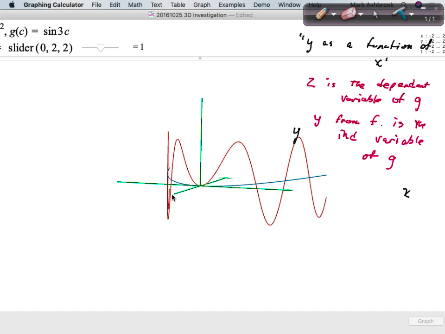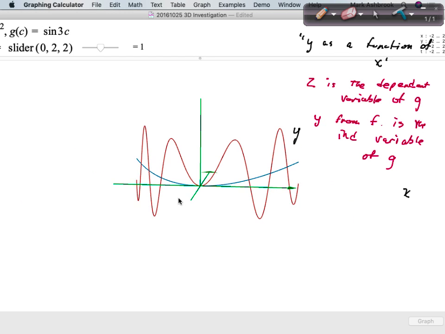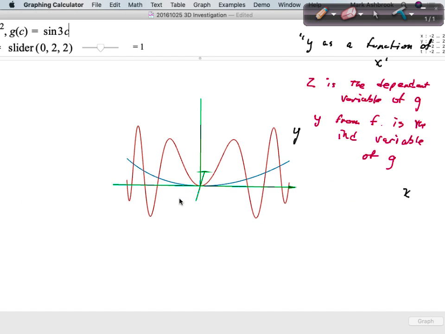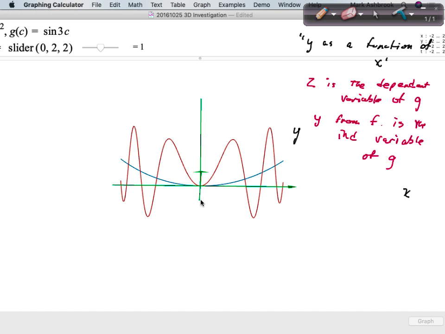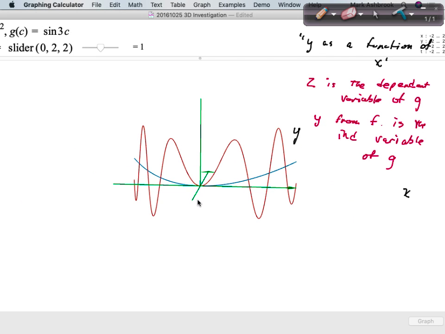Well, it doesn't dip down at the origin. Okay, what's going on at the origin? Is it the same at the origin? No. What's happening? The y values are always positive, and so therefore... Okay, so connect that to what you're seeing in the graph.